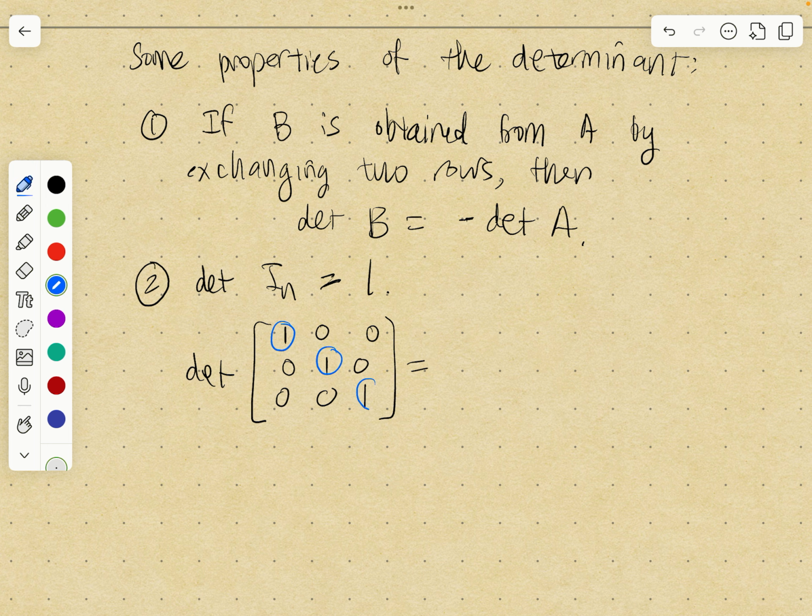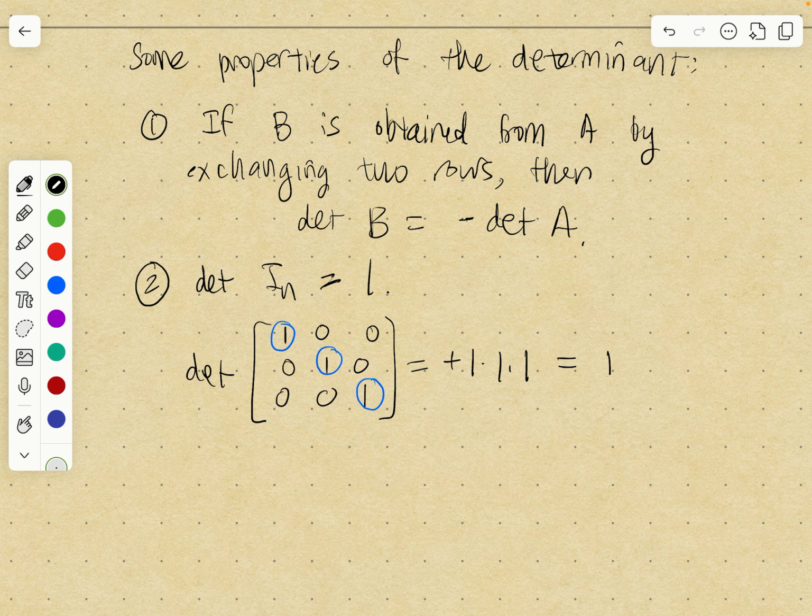And then when you multiply them, you get 1 times 1 times 1. And because you're taking A11, A22, A33, 1, 2, 3 is an even permutation. And so you have a plus sign, and then you don't change the sign, and you just get 1.